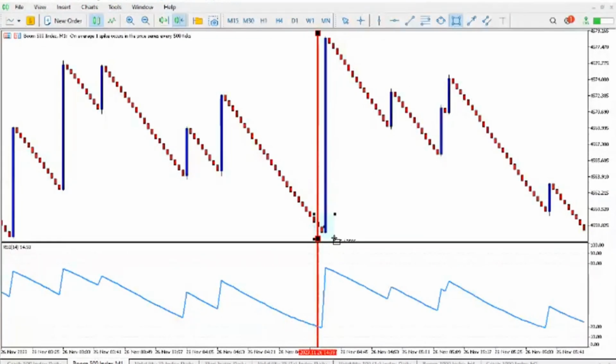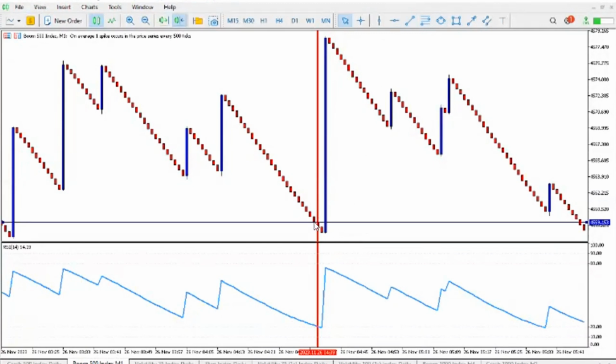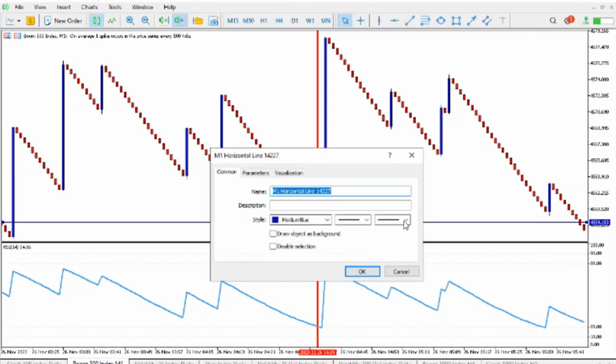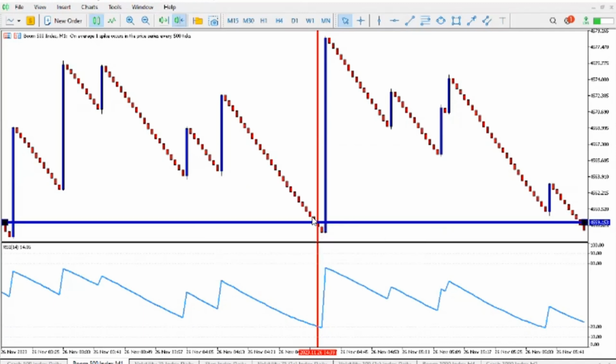Let me draw it here. Let me use a red line, and let me make it bigger. The idea is this particular area where this red line crosses the blue line.